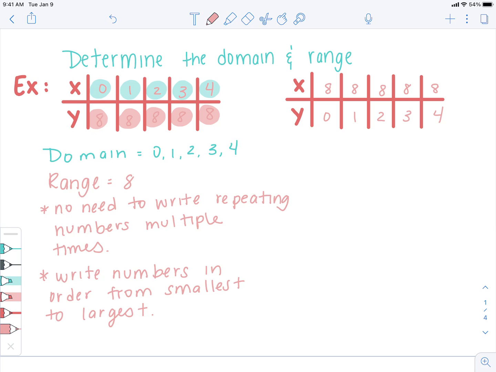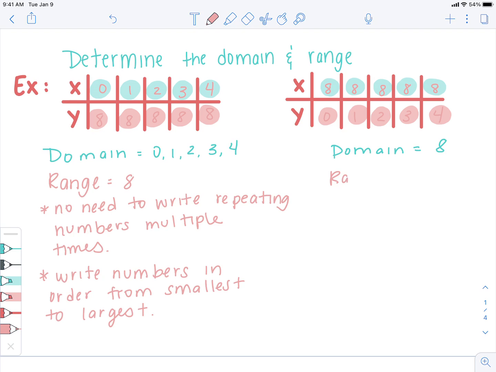If I look at my second example, now I notice my domain, all my x values, are 8. So my domain for the second one is just 8. But my range is 0, 1, 2, 3, and 4.